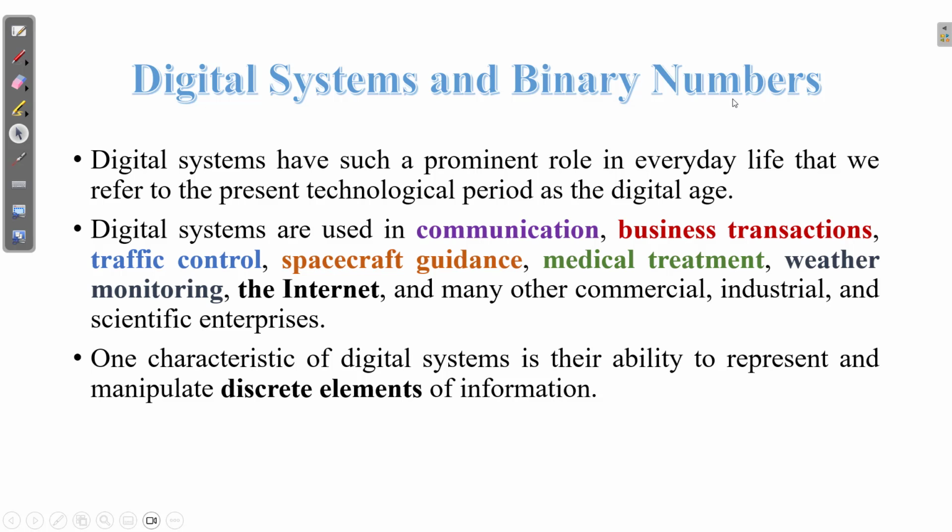So I said that digital systems are used in different concepts like communication, business transactions, traffic control, medical treatment, weather monitoring, the internet, and something like that. And we said that one characteristic of digital systems is their ability to represent and manipulate discrete elements of information.